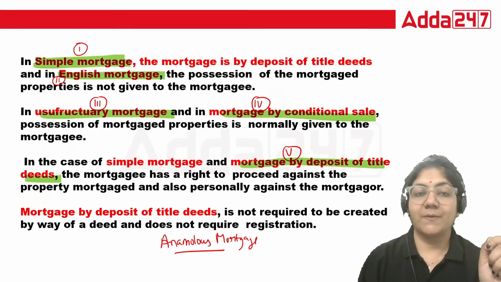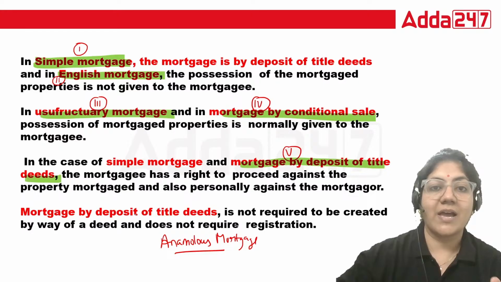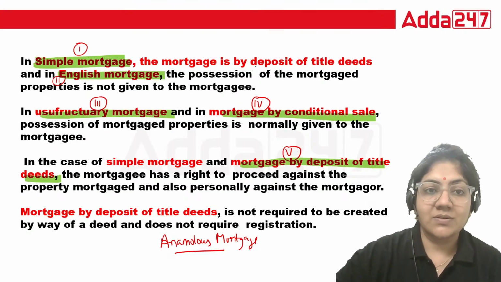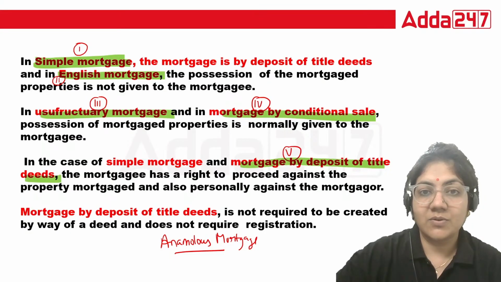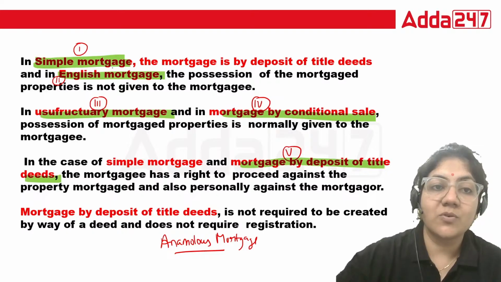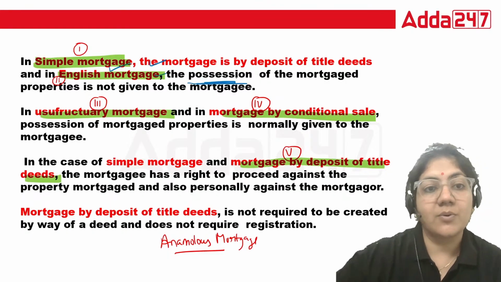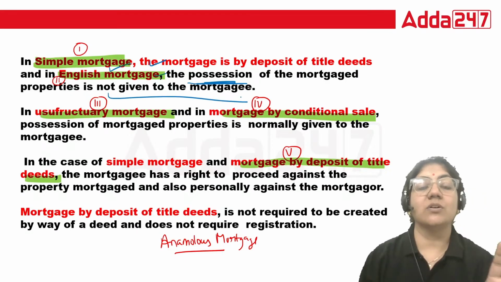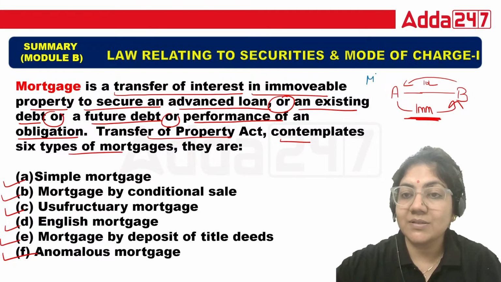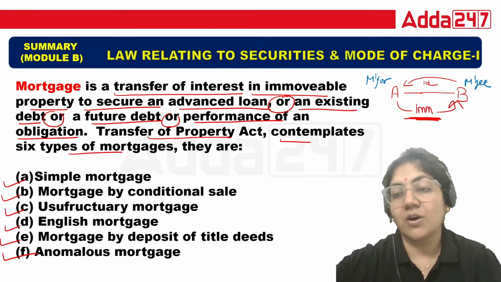So what is the basic comparison between the simple mortgage and mortgage by deposit of title deed? So simple mortgage, mortgage by deposit of title deed, and English mortgage. In all the 3 mortgages, the possession of the property is not given to the mortgagee, because in mortgage, this A person is called mortgagor and this B is called what?